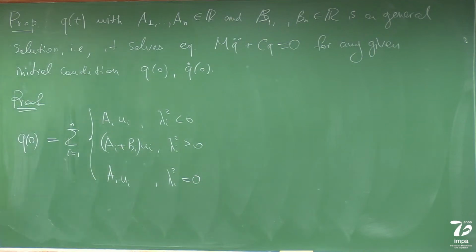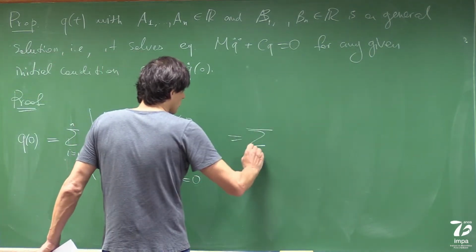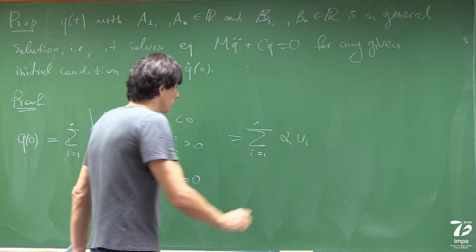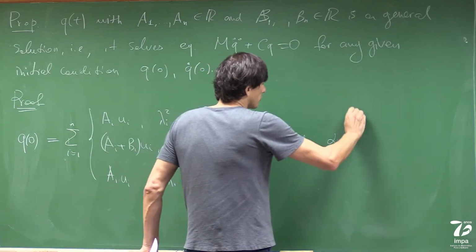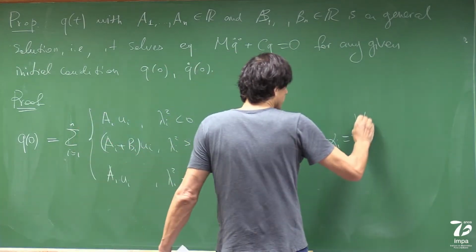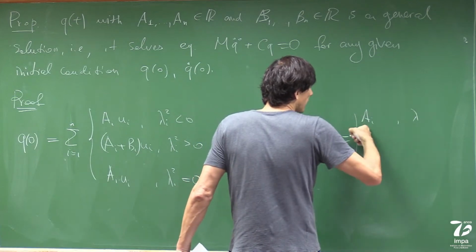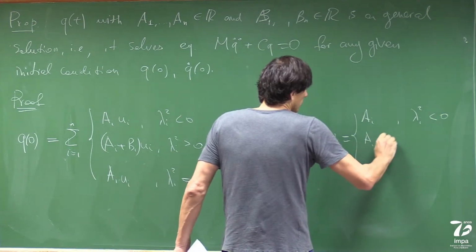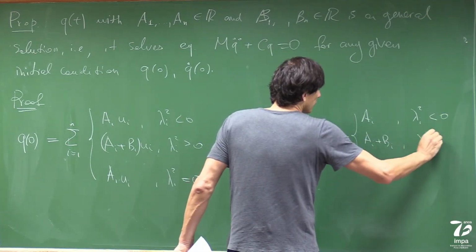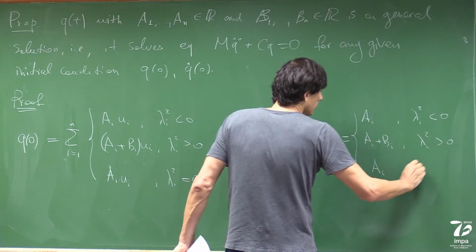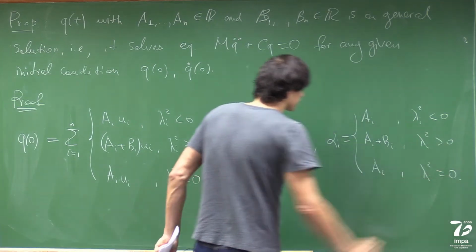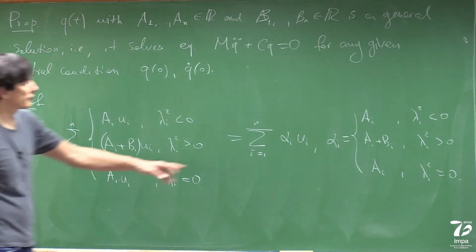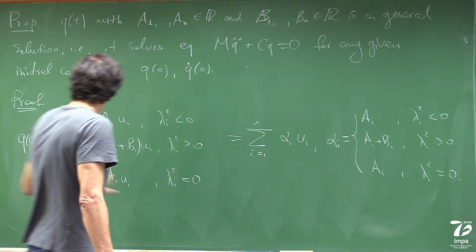We just call it the sum of alpha_i u_i. So alpha_i is just prefactors: a_i if lambda squared is negative, a_i plus b_i if lambda_i is positive, and a_i if it is 0. So for each eigenvalue and eigenvector, we define coefficients.